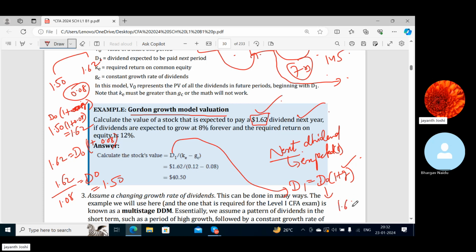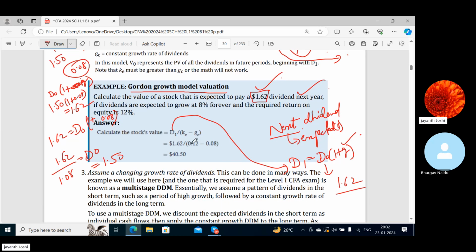So put it here: D1 by KE, the cost of equity or required rate of return for this equity investment, which is 12%, that is 0.12, minus the growth factor 0.08. If you do this, you are going to get the stock value, which is 40.50.